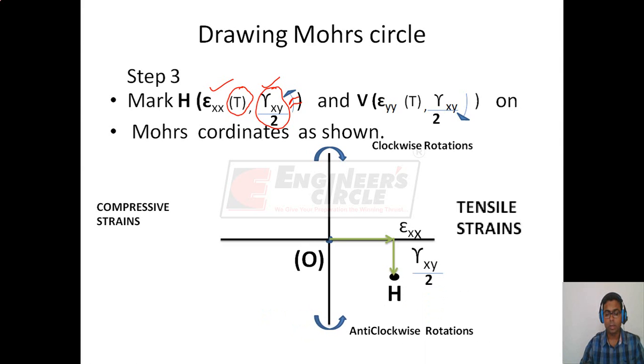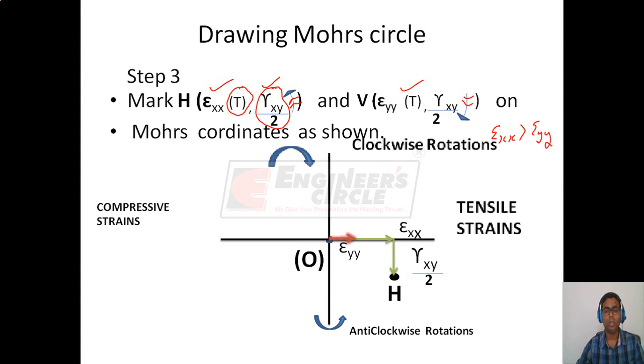Similarly, the tensile normal strain is marked on the right side of the origin. In this case, we take epsilon xx greater than epsilon yy, so we mark epsilon yy. Similarly, gamma xy by 2 is in the clockwise direction, so it has to be marked above the origin like this.